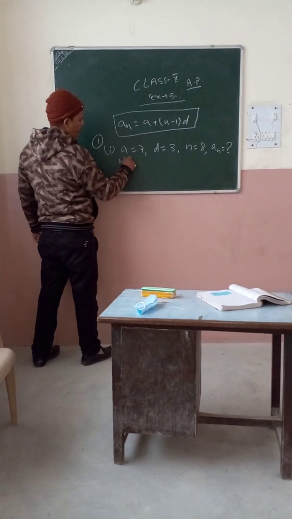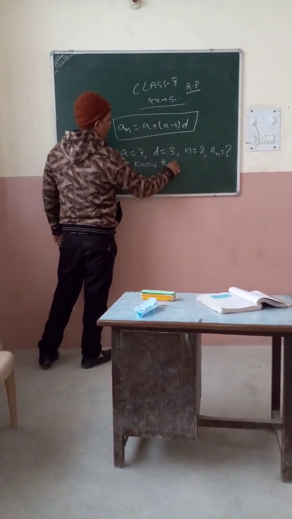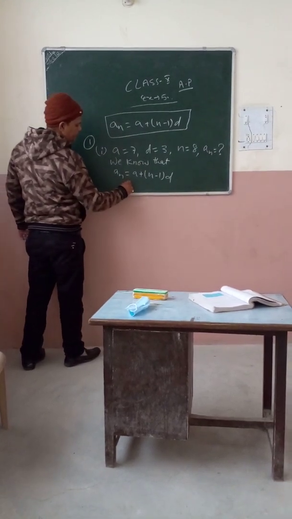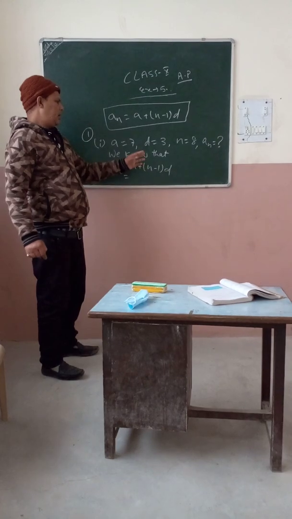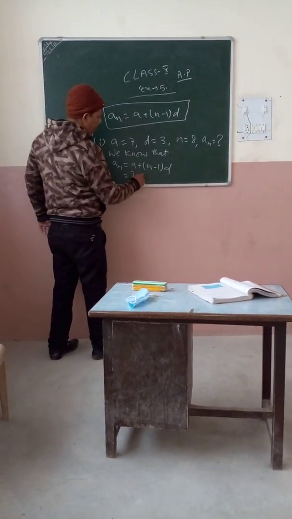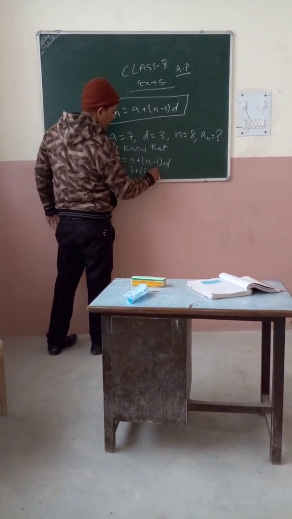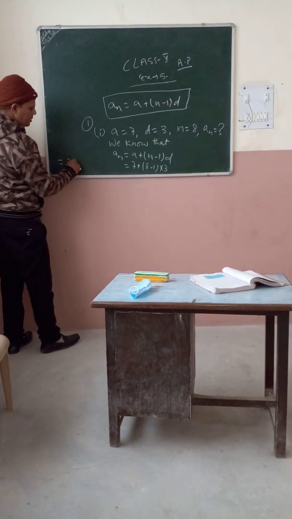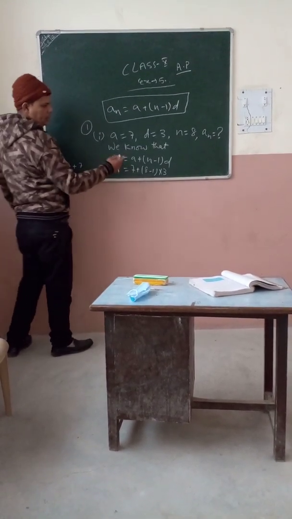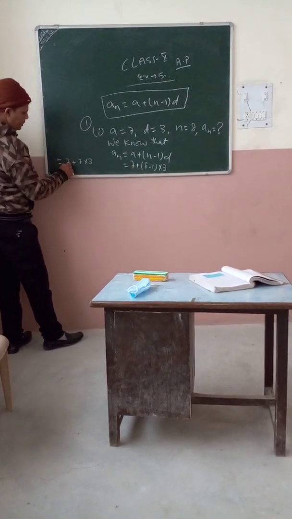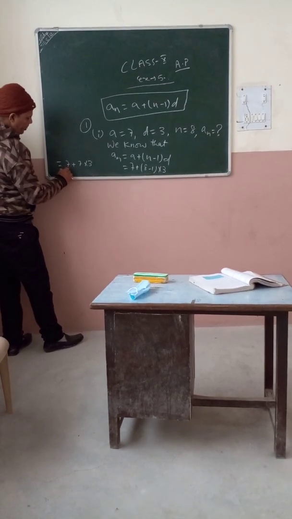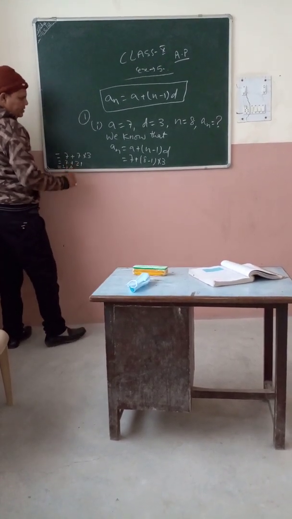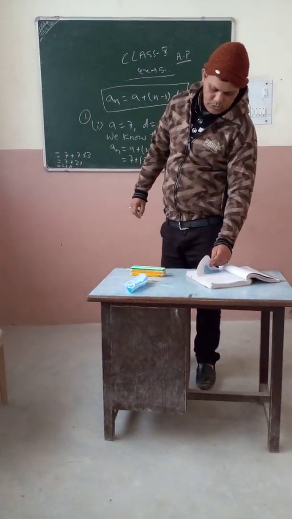So we know that an equal to A plus n minus 1 into D. Put the values of A, n and D: an equal to 7 plus 8 minus 1 into 3, equal to 7 plus 7 multiplied by 3. 7 times 3 is 21, so 7 plus 21 equal to 28. This is the answer.